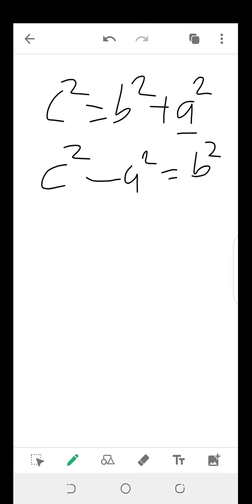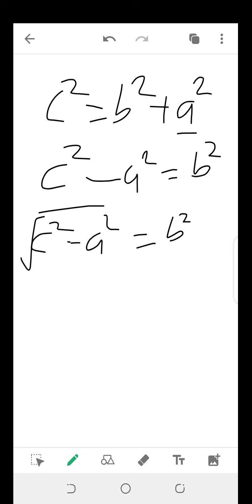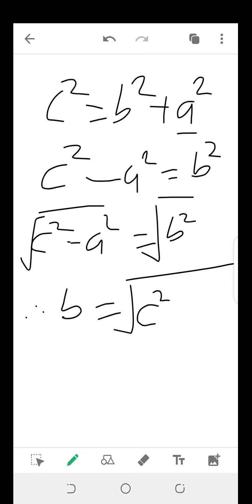So we square root both sides. By square rooting both sides, we have C squared minus A squared. We put them in the roots very nicely, equal to B squared. So put it in a bracket, put them in the square root. So square root of B squared will give us B. So we can say that finally our B will be equal to the square root of C squared minus A squared.